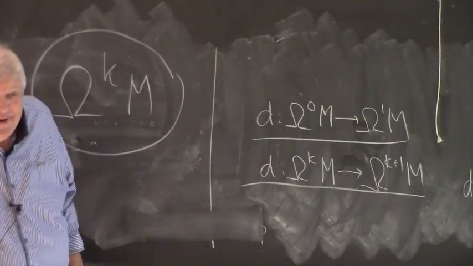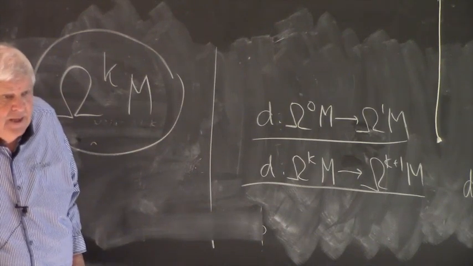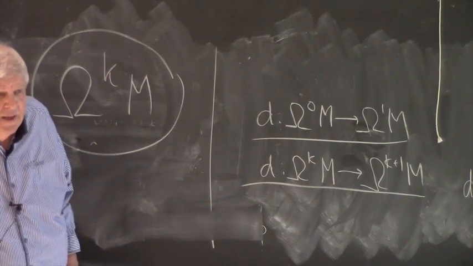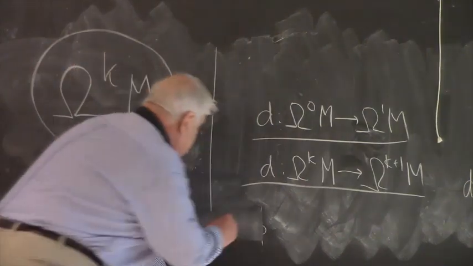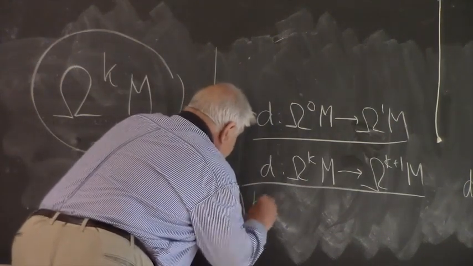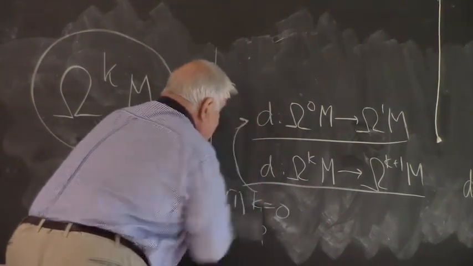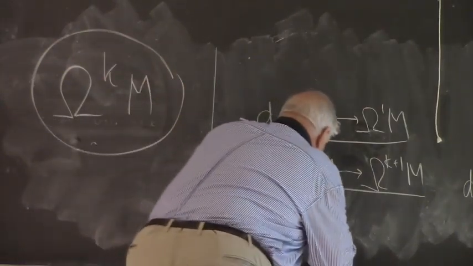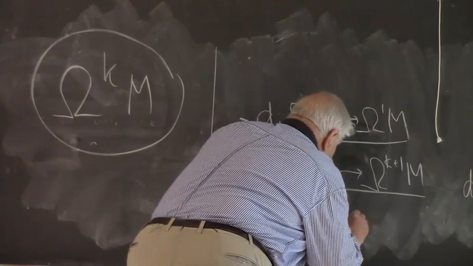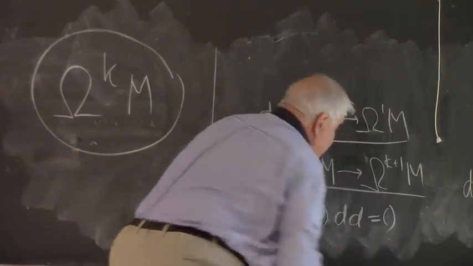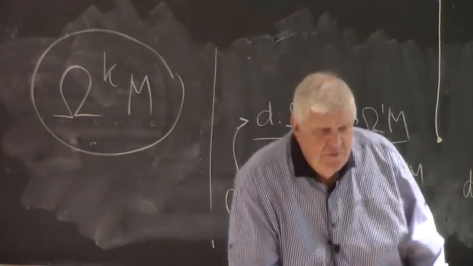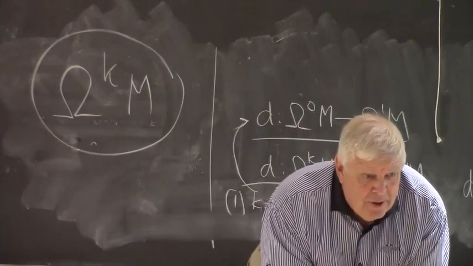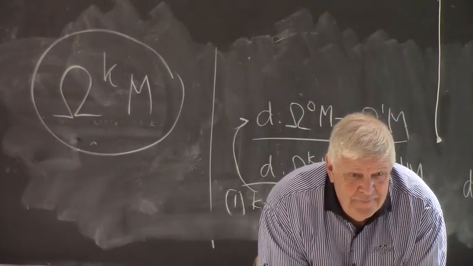For every k. And it will satisfy the following three conditions. First, if k is 0, then this is this. Second, d squared is 0. If you apply d to a differential form and then apply d once more, you will get 0.